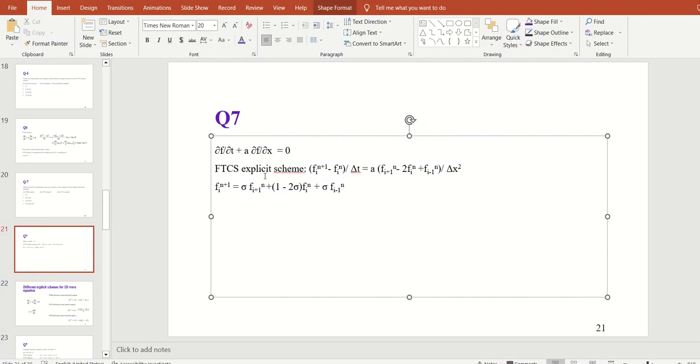When we are dealing with forward time and central space, we would be getting f_i^(n+1) minus f_i^n by delta t is equal to minus a into f_(i+1) at n minus f_(i-1) at n divided by 2 times delta x. It is not delta x square. This is forward time and central space.